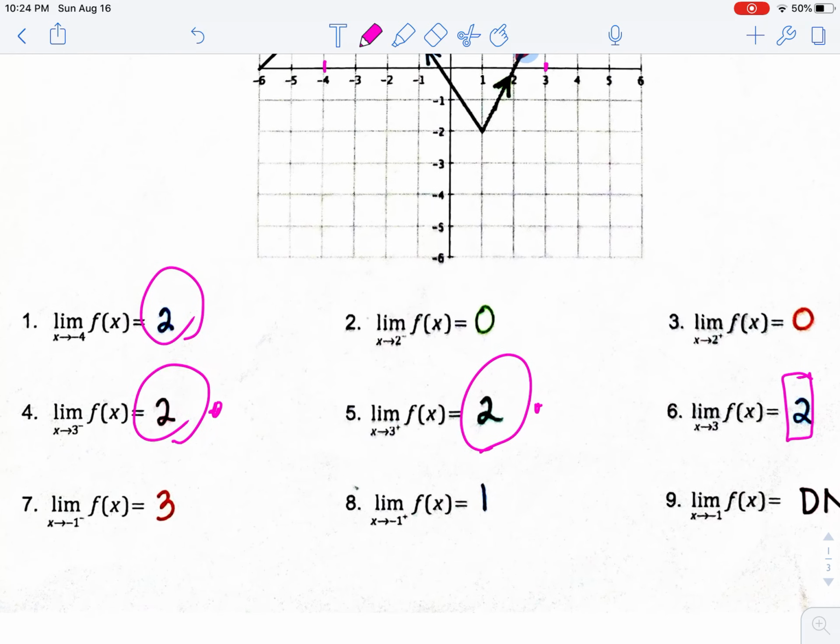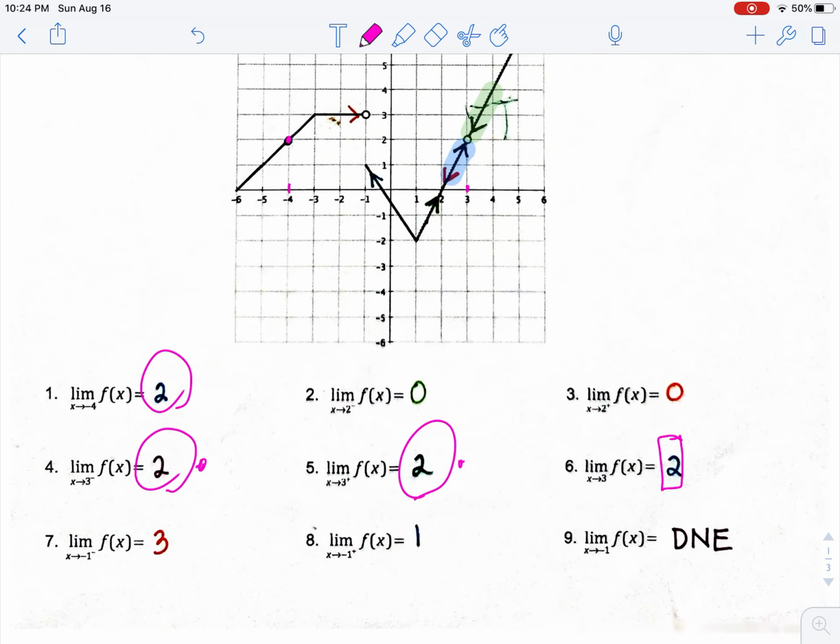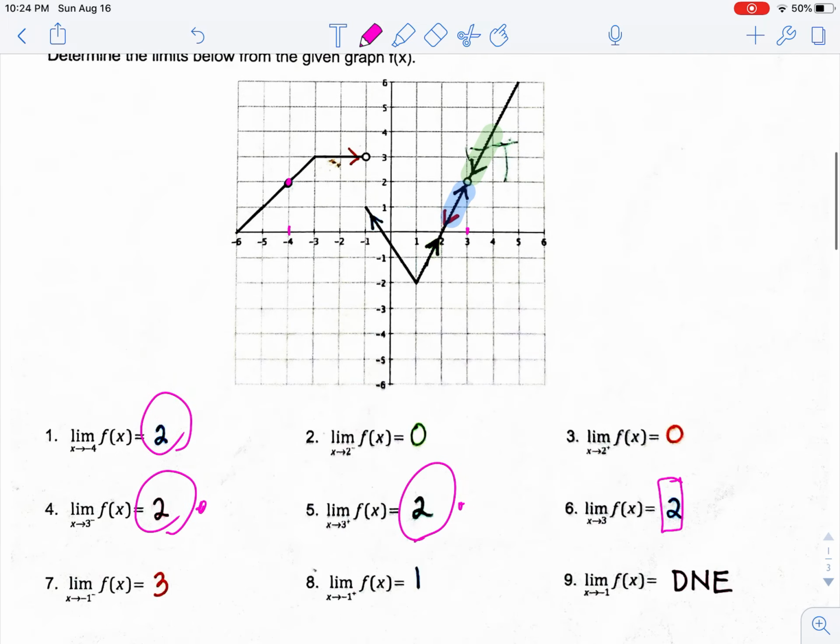Number 7 and 8, sorry, let's try to zoom a little bit better here. Number 7 is asking about x approaching -1 from the left of this graph. So -1 is here on the x-axis. The left-hand side of it is over here. I am approaching a hole again, but that hole is situated at the y value of 3, so I'm going to report 3 as my limit.